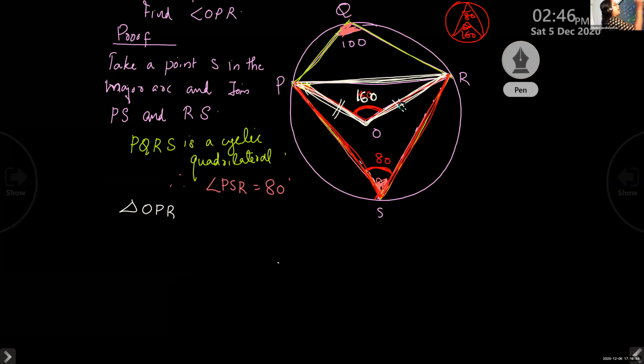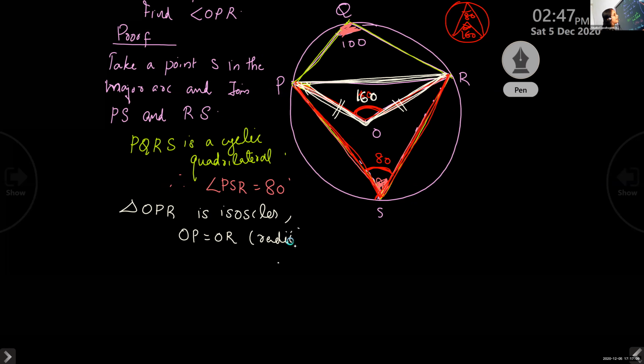OP equal to OR because both are radii. So on the top it is 160 and both the sides are equal, and you all know the base angles also will be equal.